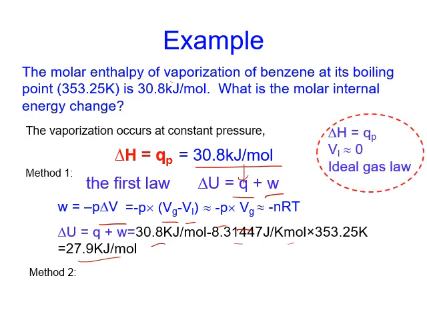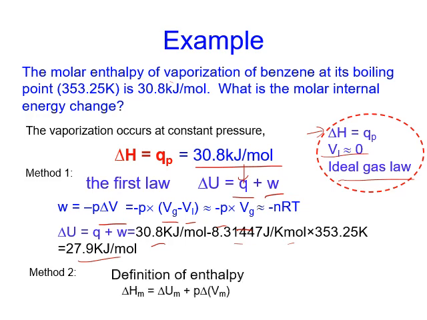So you see, to solve this problem, we have several assumptions. First, we know delta H equals Q. Second, the volume of the liquid is too small, so assumed to be 0. And the ideal gas law is assumed also in this case. So that's method 1. Now in method 2, we can also use the definition of enthalpy, because enthalpy is U plus PV, so delta H equals delta U plus P delta V. In order to calculate delta U, we need to know delta H, which is given, 30.8 kilojoules.